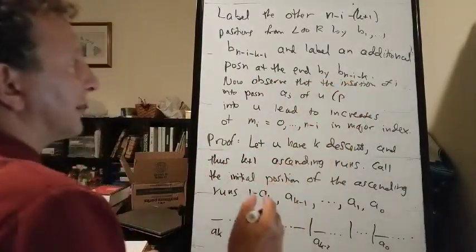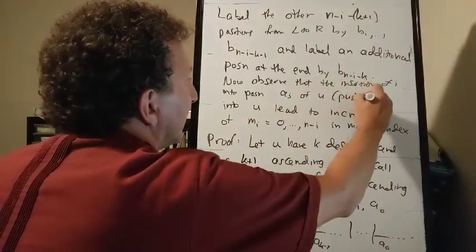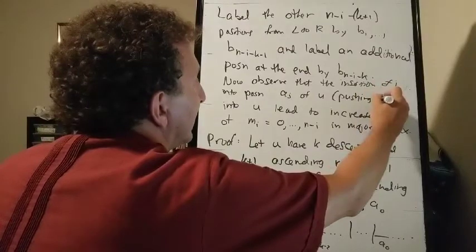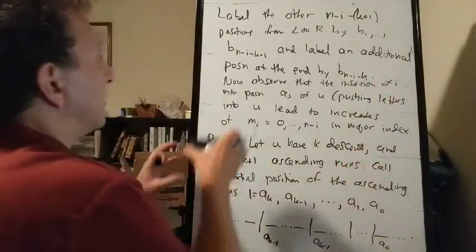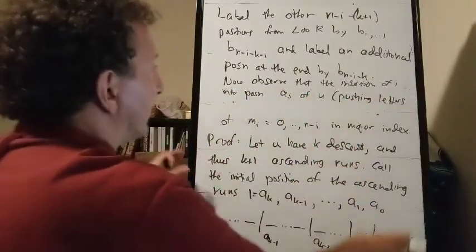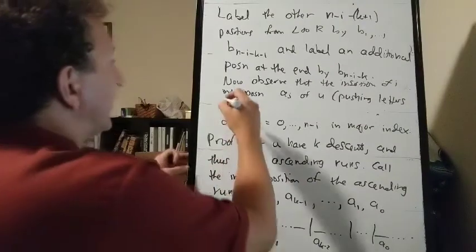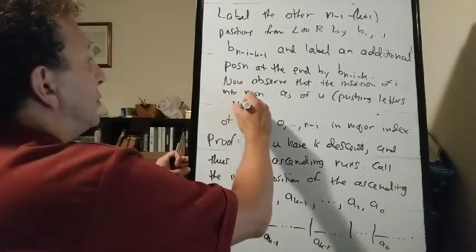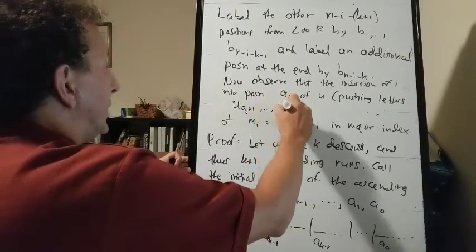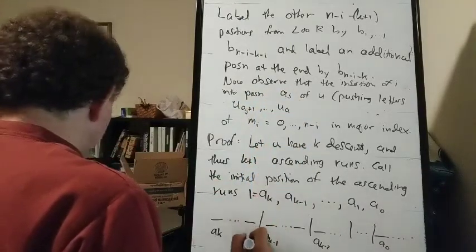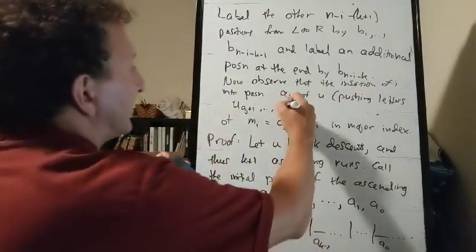So if we insert the letter into position AJ of u, pushing everything else to the right. So pushing letters, let's say u A J plus 1 up to u n minus I to the right. So the remaining letters.